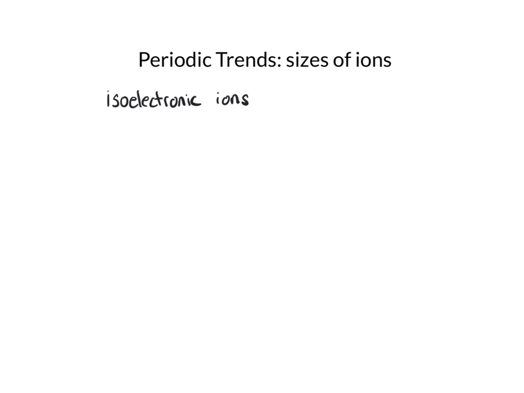So for instance, if I look at fluorine minus, oxygen 2 minus, sodium plus, or magnesium 2 plus, these all have the electron configuration of a neon atom.